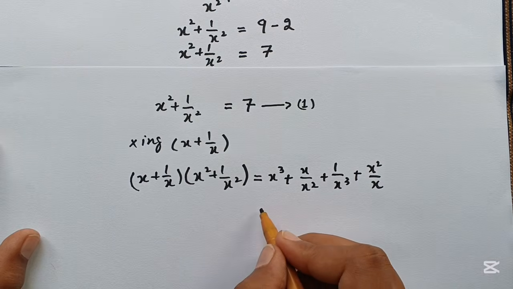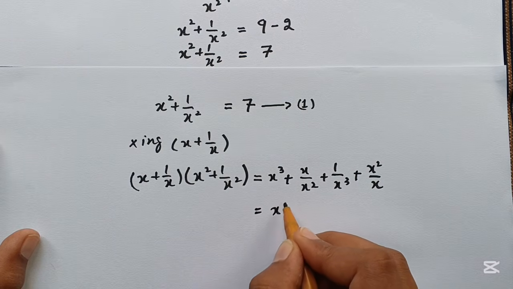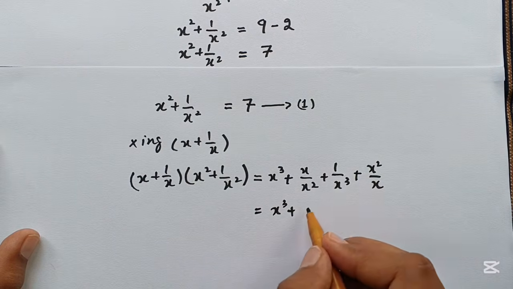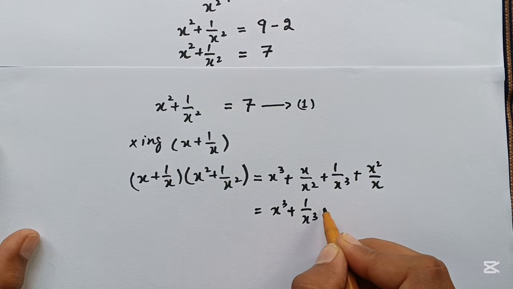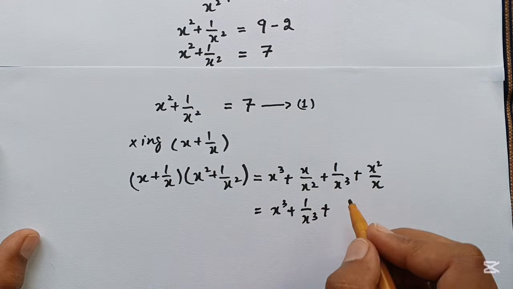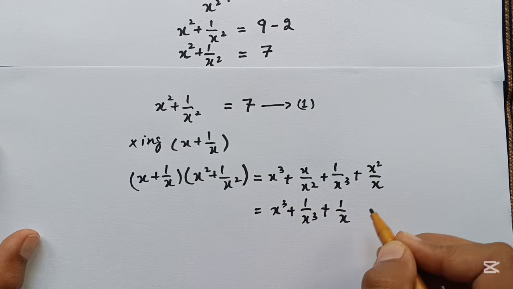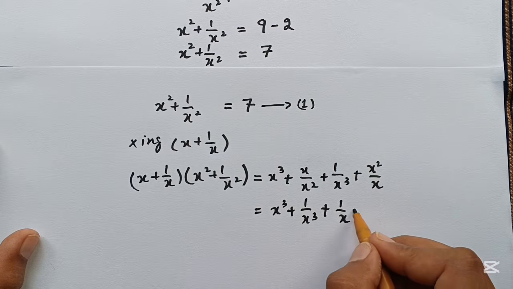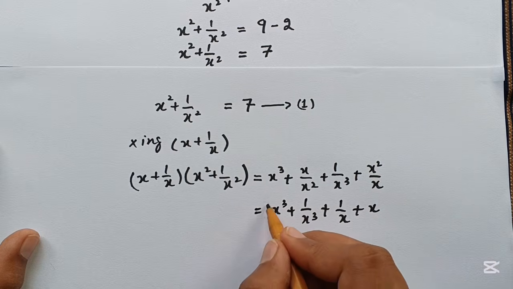So x cube plus 1 over x cube plus x and x cancel, remaining is 1 over x, and x cancel, remaining is x.